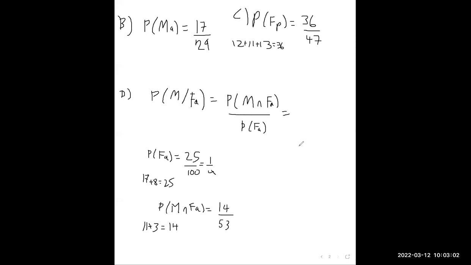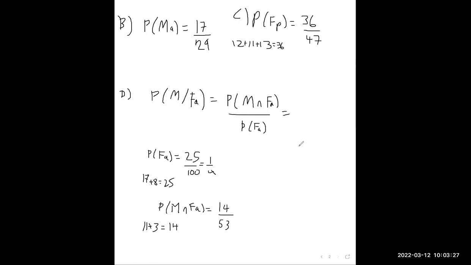Wait, I'm just going back to the table. So that formula is good there. Let me go back to the table now. Males and failing. You want to use the formula probability of male plus the probability of fail minus the union.